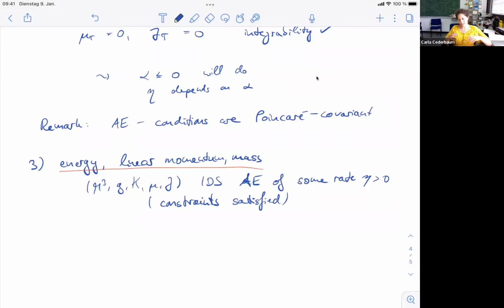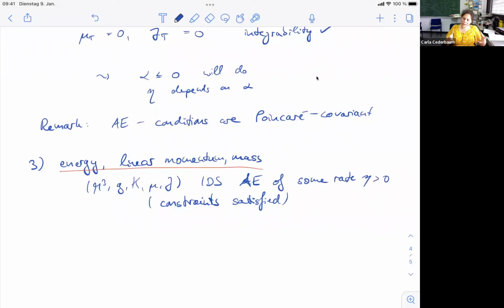And interpreting this, in some sense, I want to say that I'm looking at this relativistic system modeled by this initial data set at a given instant of time. Asymptotically Euclidean means it's suitably isolated from external influences. So it's really an isolated relativistic system at a given instant of time, observed by some observer. And then I want to compute its total energy, total linear momentum, and total mass as seen by this observer.